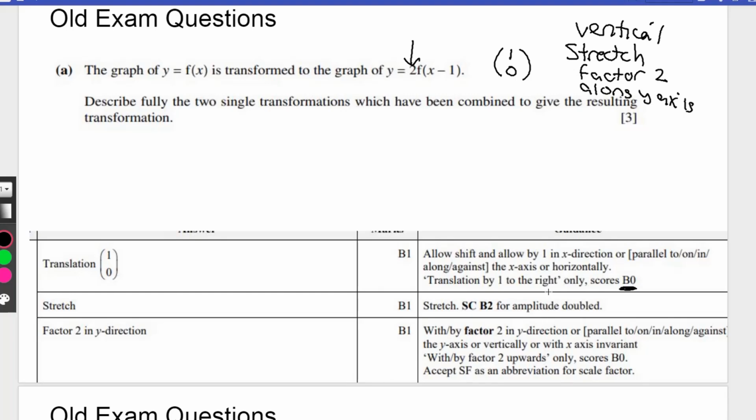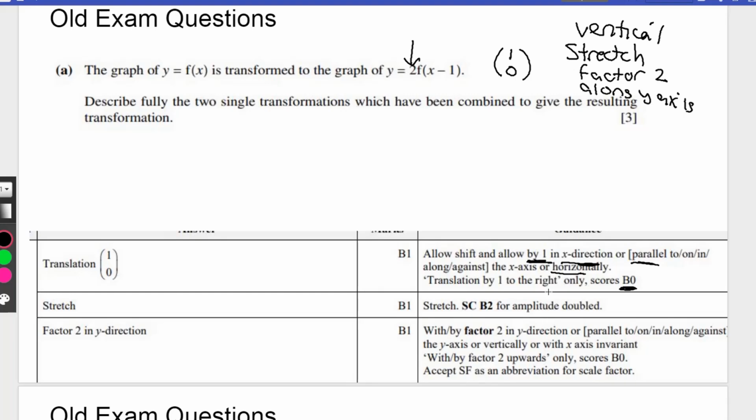So what we want to say is it translates, and this is a horizontal translation. So if you say it translates by 1 in the x direction, they'll take that. Or parallel to the x-axis, they'll take that. Horizontally, they'll take that. All right, but if you say it moves to the right, that's not worth anything.